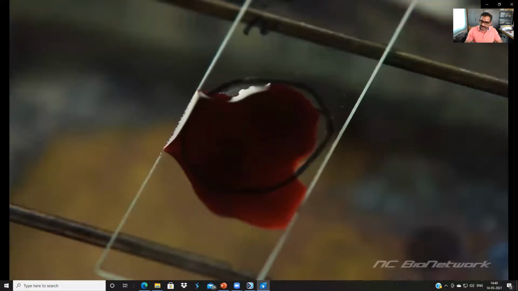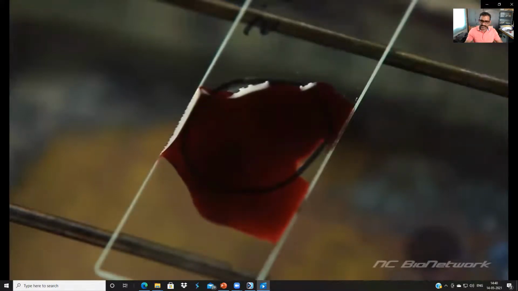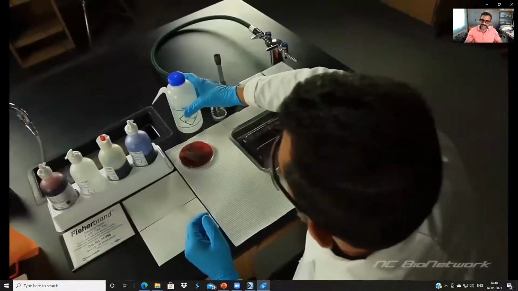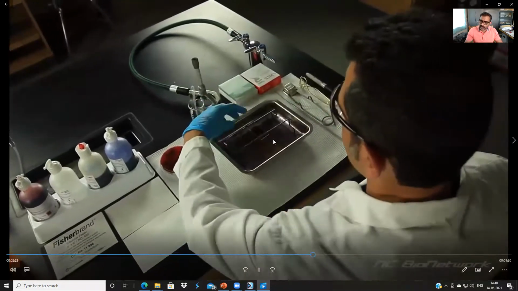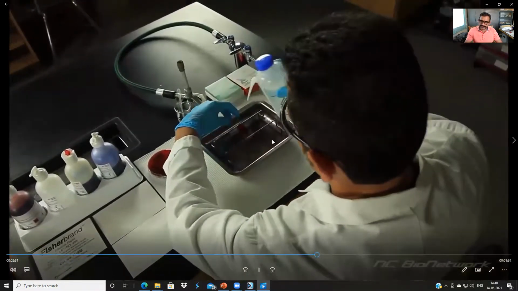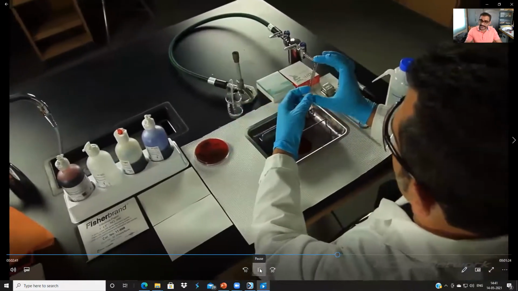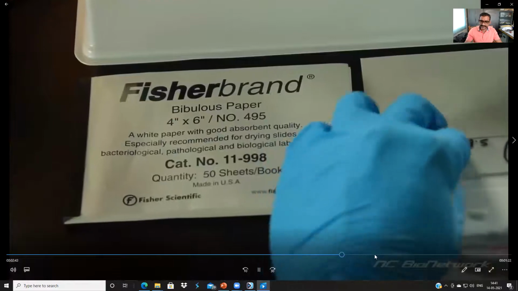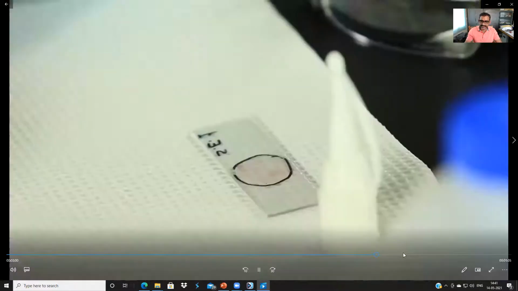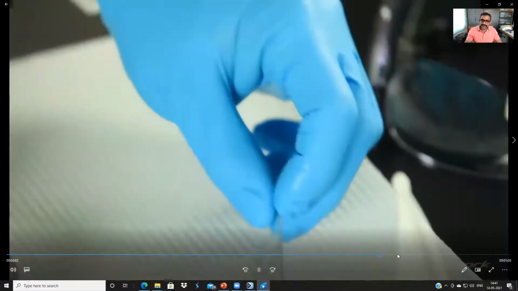You can use safranin, crystal violet, methylene blue, basic fuchsin, anything. Leave it for 1 to 2 minutes, and wash the excess stain with distilled water or normal tap water. And air dry it, and observe under the microscope.